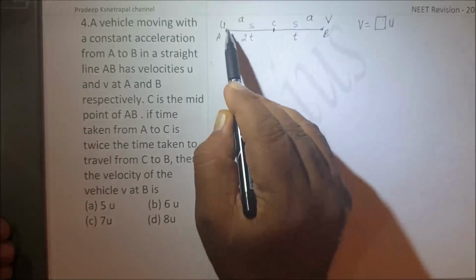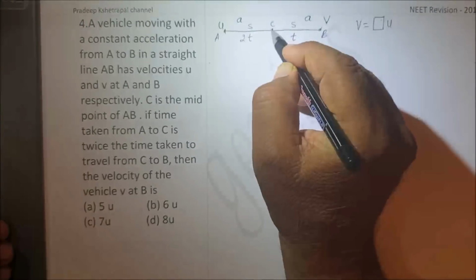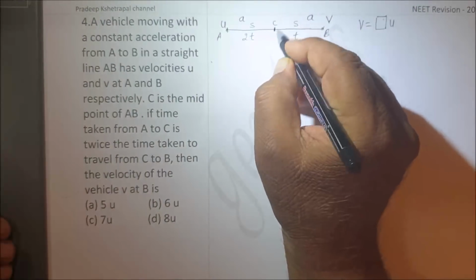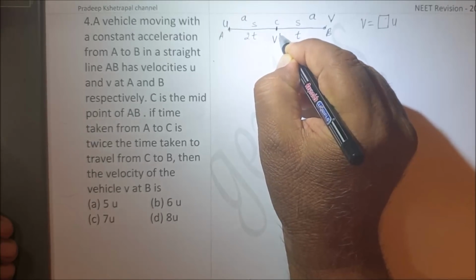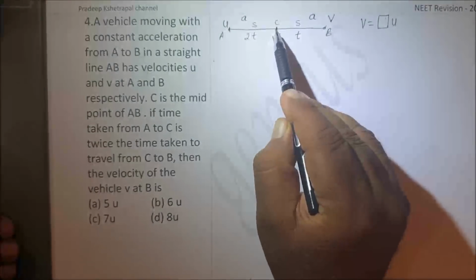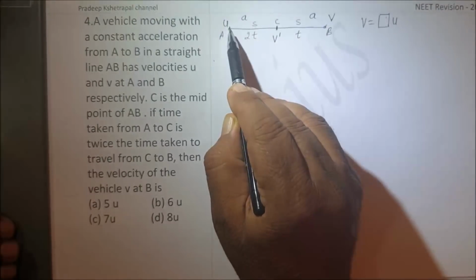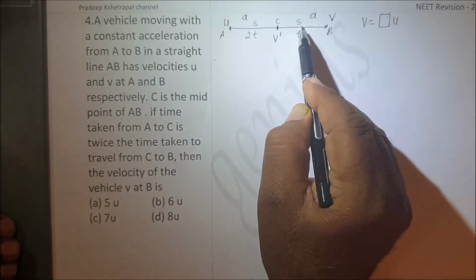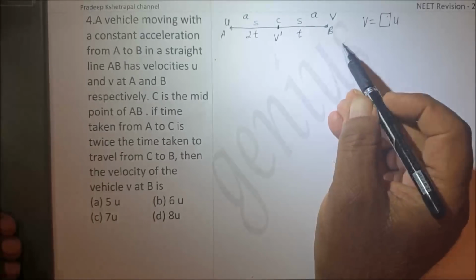Okay, so we have the relation from A to C. At C, when it reaches after the distance s, it must be having a certain velocity. Let us say that velocity is v dash. Again, in time t it reaches v. So initial velocity u, final velocity v, the distance is 2s, the time is 3t. Do we have certain equations?